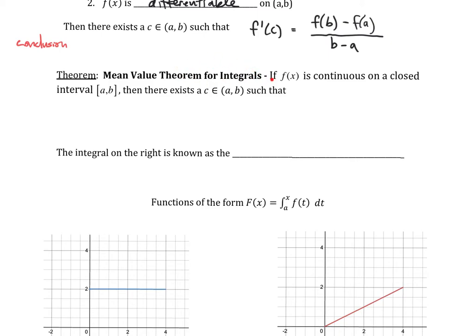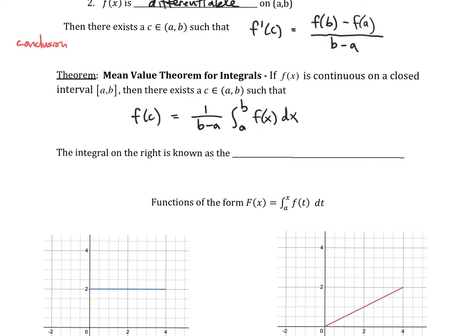So again, if f is continuous on a closed interval from a to b, then there exists a c in the open interval from a to b such that the following is true. You will be able to find a c so that f of c is equal to 1 over b minus a times the integral from a to b of f of x dx.